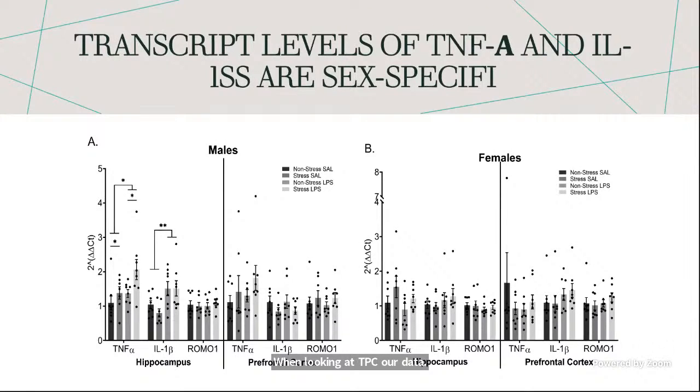Additionally, within males, within their stress match controls, we see that stress alone increases TNF alpha in the hippocampus. That's also not reflected in the females. Data from the prefrontal cortex shows no significant differences when looking at males or females.